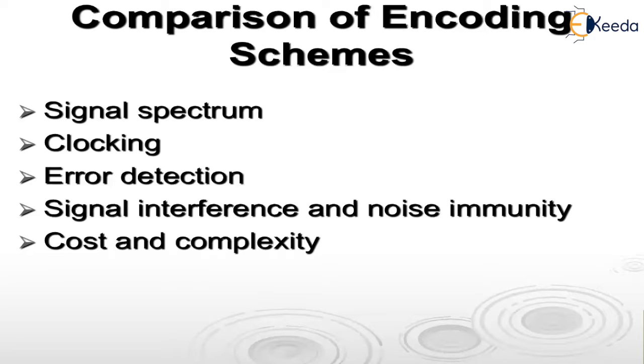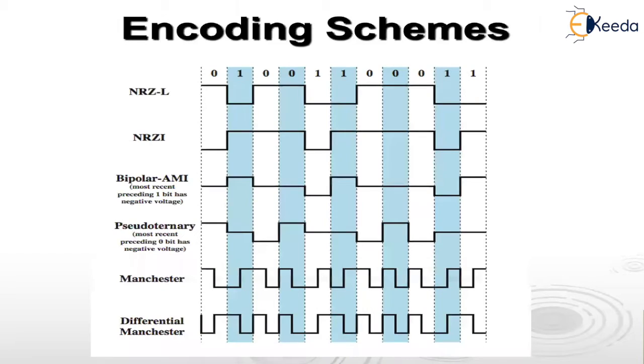And now we will switch towards encoding schemes. Different encoding schemes are shown in this figure: NRZ-L, that is non-return to zero level. Next one is NRZ-I, that is non-return to zero inverted.